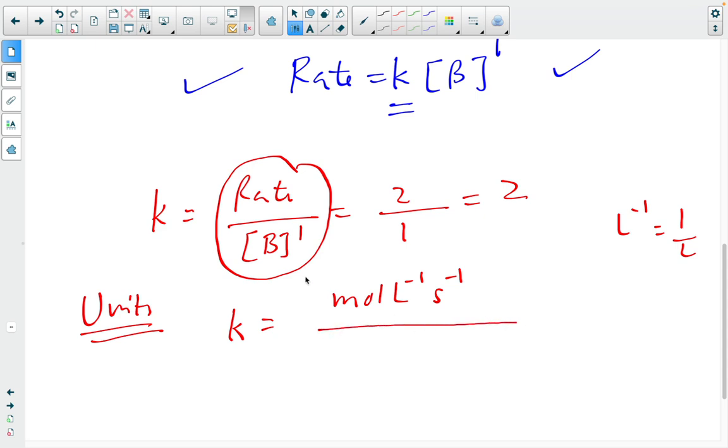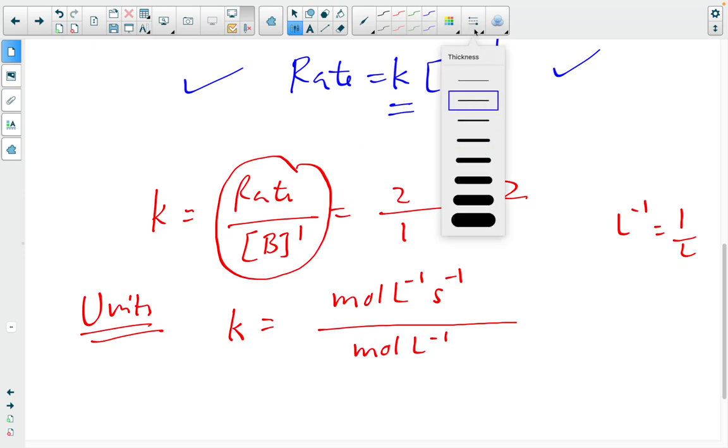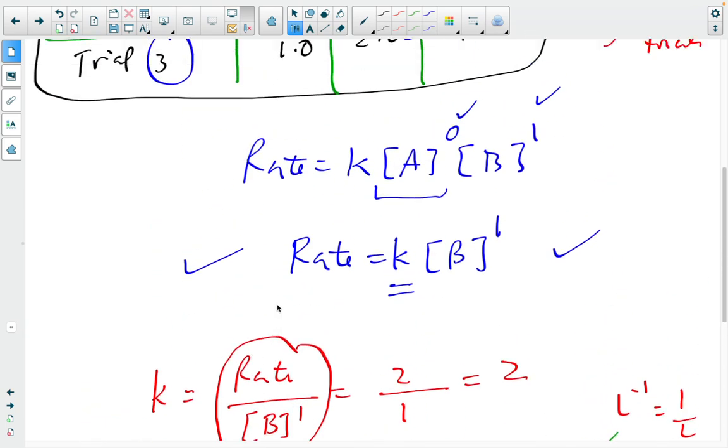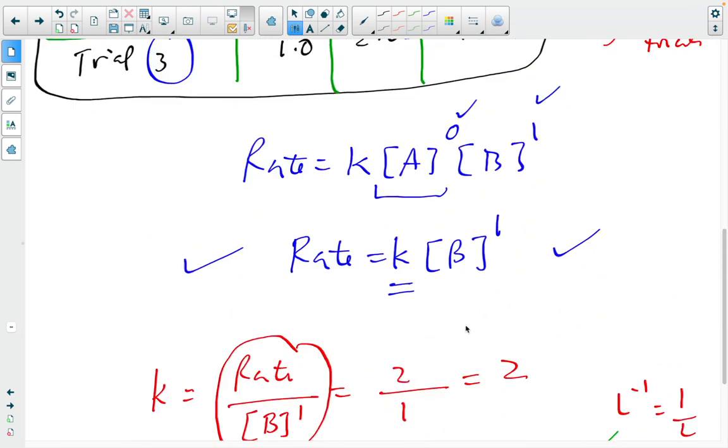And then concentration is just going to be moles per liter. So you can see here that using math, I can now cancel this moles per liter with this moles per liter. So what I will be ending up with is S to the negative 1 or 1 over S. That's your unit.